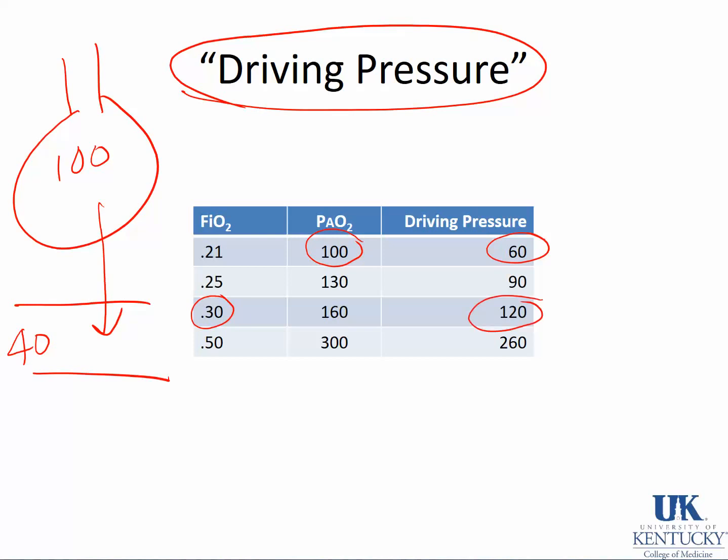What that means is that while it's hypothetically possible for some problem with diffusion to create hypoxemia in patients on room air, once you put the patient on as little as 30% oxygen, they're not going to be hypoxemic because the driving pressure is so high that it's able to overcome whatever barrier there may happen to be to the diffusion of oxygen. Now, again, the patient won't necessarily have a normal arterial PO2, but they're not going to be hypoxic.